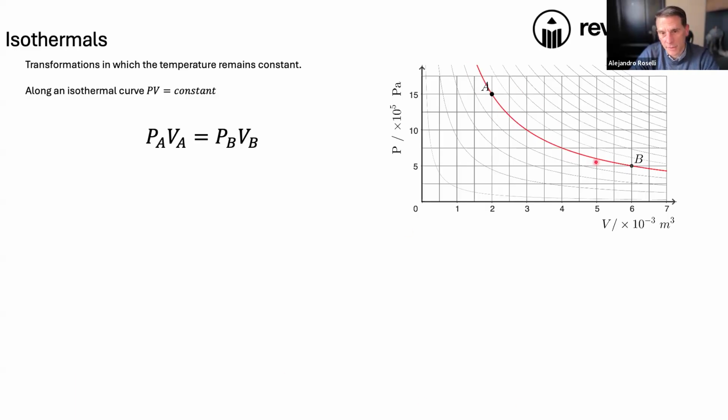You can see several isothermals represented here. For that particular one between A and B, in red, each of the points along this curve represents a point in which the gas has the same temperature. Of course, volume is increasing and gas pressure decreasing in an inversely proportional way, as we discussed at the beginning of this presentation.